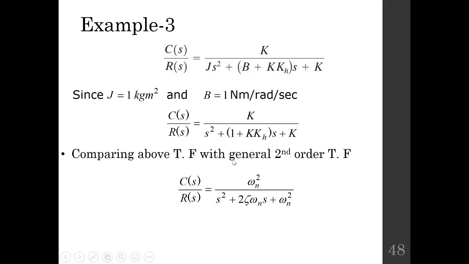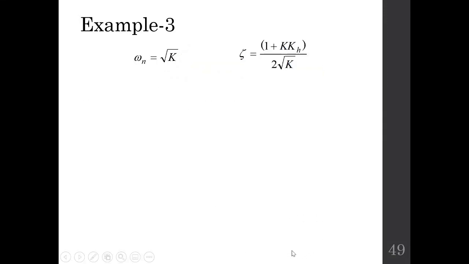Comparing this equation with the generic form of the second order system transfer function, we can find omega n equals under root K and zeta equals (1 + K·Kh) divided by 2 under root K. Comparing this and this equation, 2 zeta omega n will be equal to this part and omega n squared will be equal to K, and simply by doing some calculations we found omega n equals under root K and zeta equals this value.